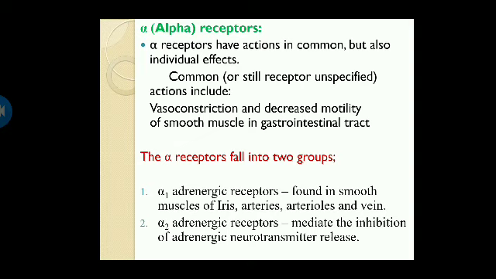Alpha receptors fall into two main subdivisions: alpha 1 adrenergic receptors and alpha 2 adrenergic receptors.